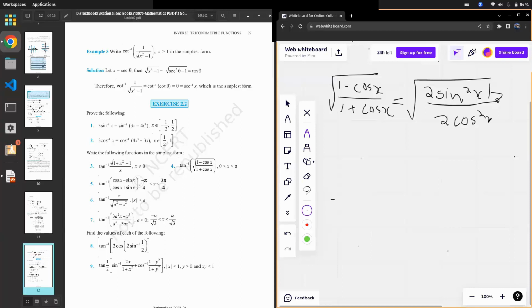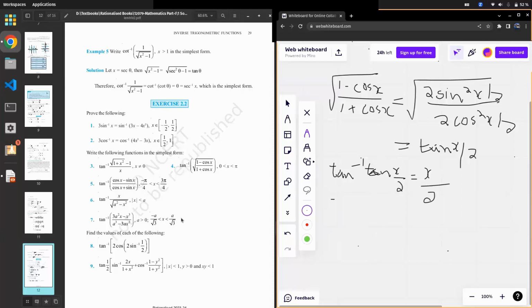Simplifying this term, we will get tan x by 2. So the simplified form will be tan inverse of tan x by 2. We know the value of tan inverse of tan x by 2 is equal to x by 2. So the simplified form will be x by 2 in this case.